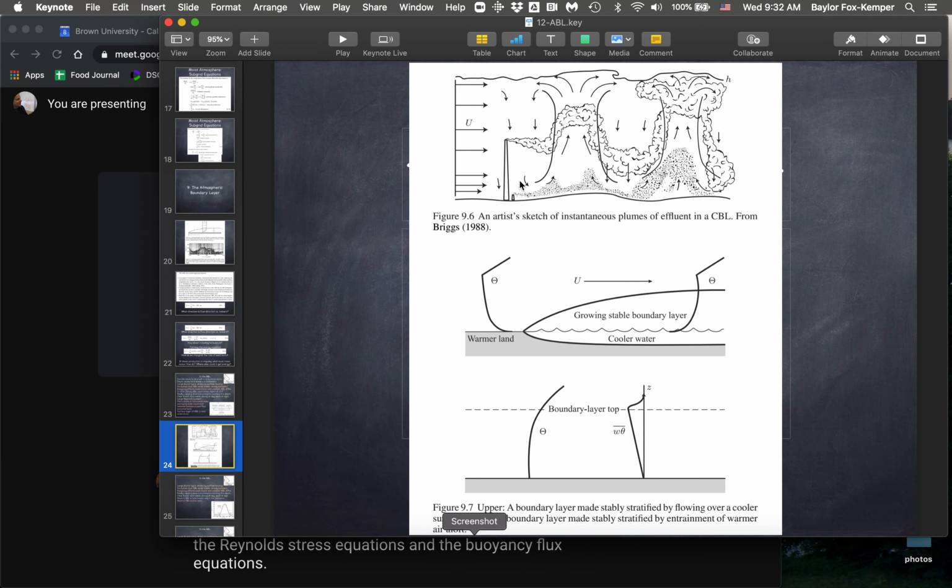And so if you think about the kinds of structures that are the biggest ones, you think about them being kind of like this. Here's the inversion up at the top of the boundary layer, and you have these big overturnings, which might be cloudy, because as you're lifting the air up, if it's moist air, as it gets higher, it's getting colder temperatures, the pressure is going down, the density is going down.